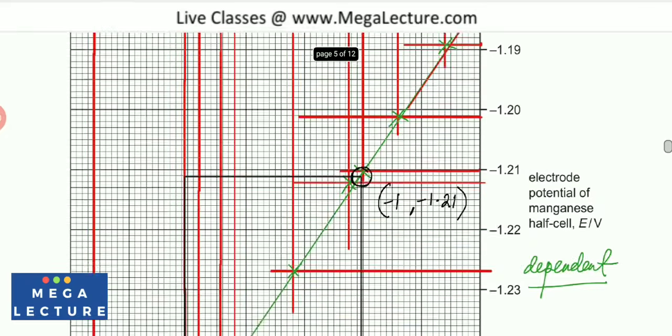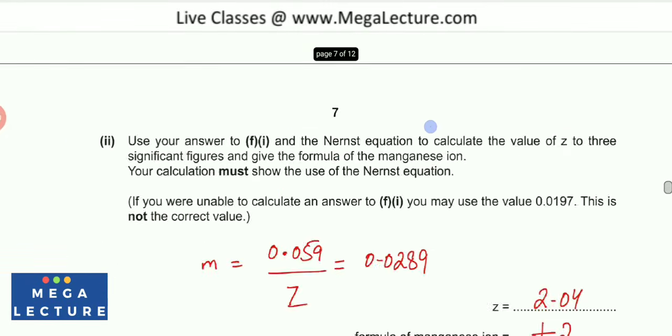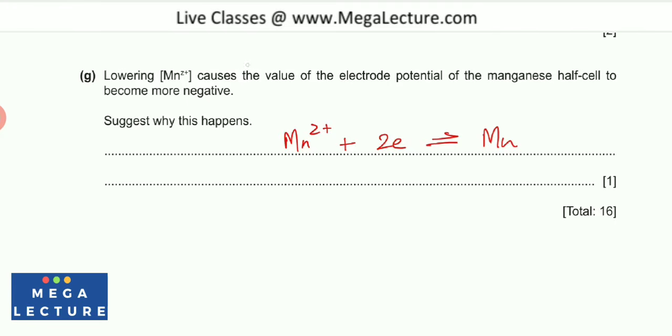So let's go back and read the question again. It says that lowering Mn Z plus, so we are lowering the concentration. Remember, it's an equilibrium reaction, so the equilibrium would automatically favor the lower concentration side. If you try to decrease Mn2 plus, the equilibrium would try to make more Mn2 plus.